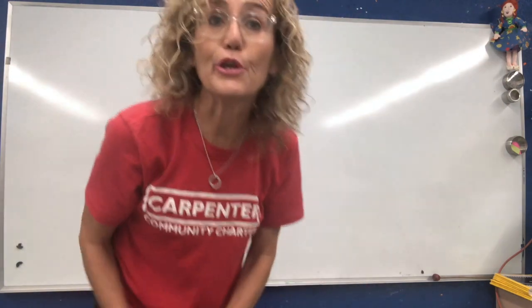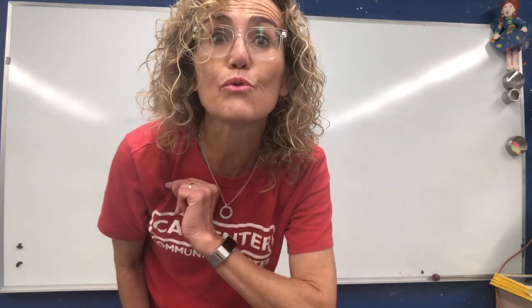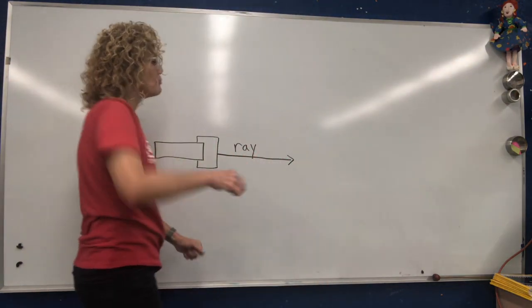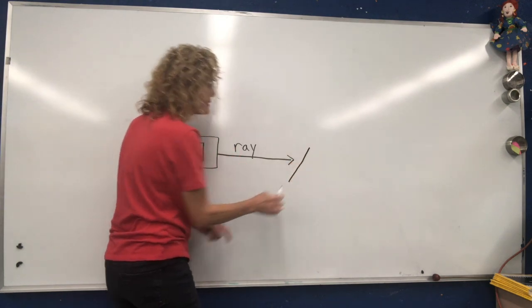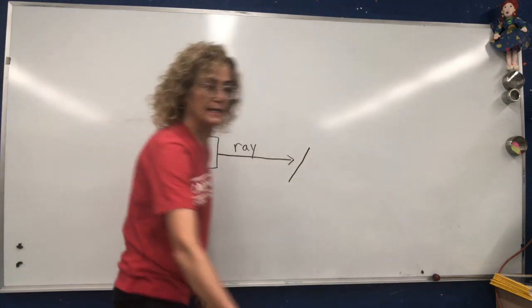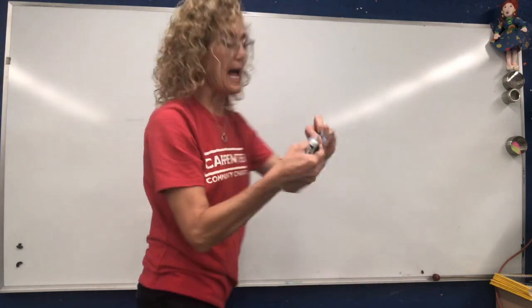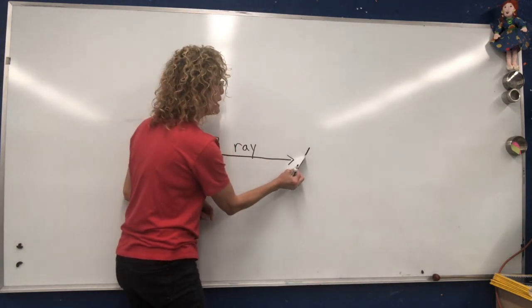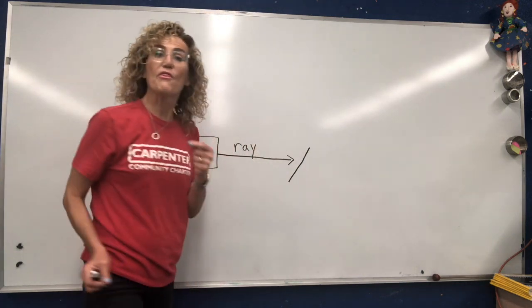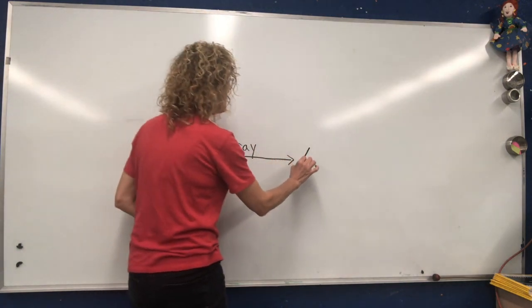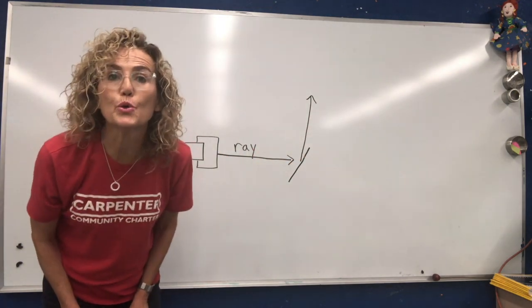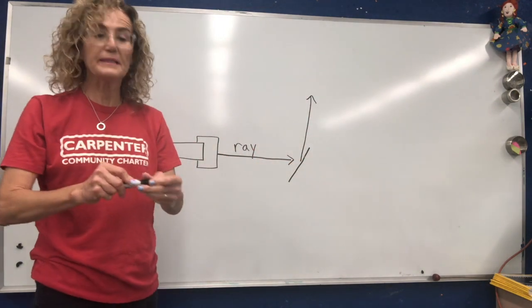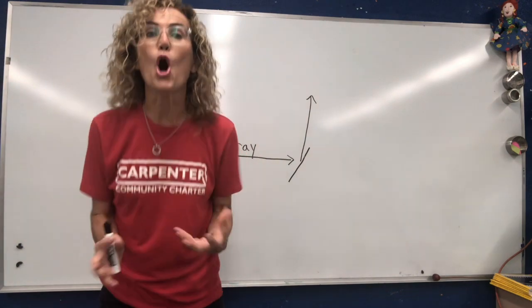Well, I can use a mirror. And if I put a mirror in front of the light, let's say here's my mirror here, and I take my mirror and I put it in front of the light, then the light will bounce off and go in a new direction. Light is kind of like a ball.